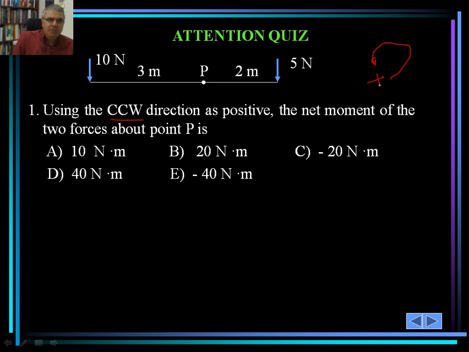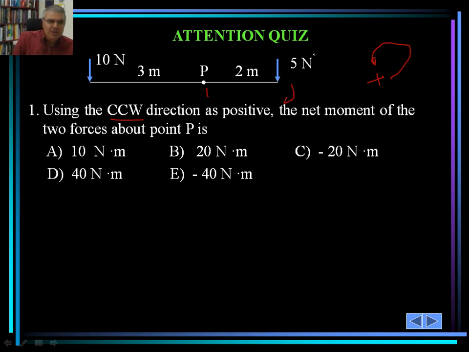So this is not a couple. Two separate forces acting. So there will be a moment caused by the 10 Newton, positive, about point P. That's 10 times 3, 30. And there is also a negative moment. Again, I hope you get the sense of the direction.